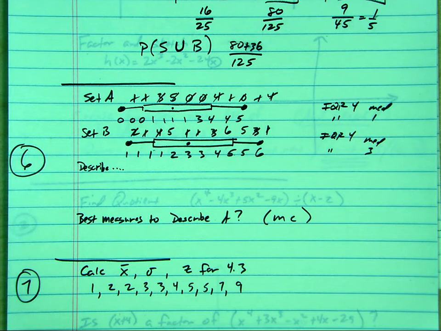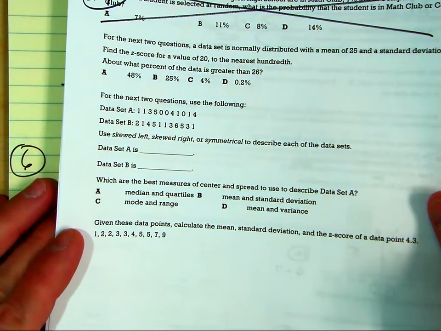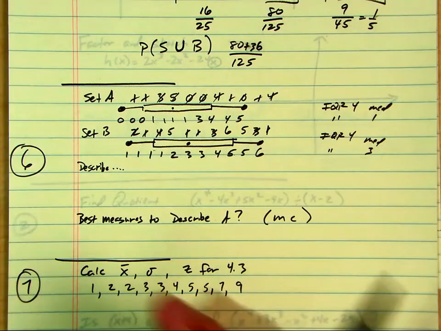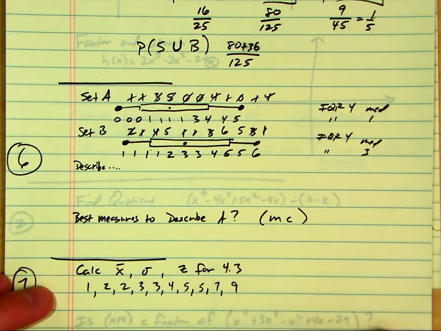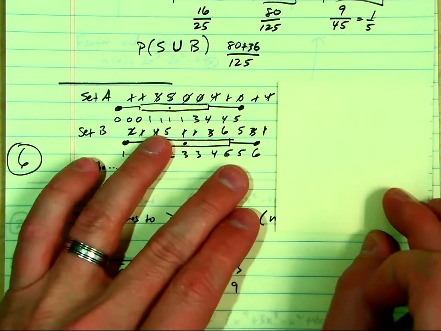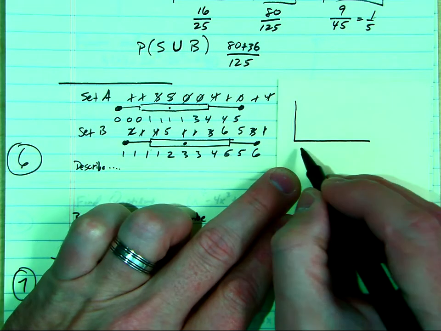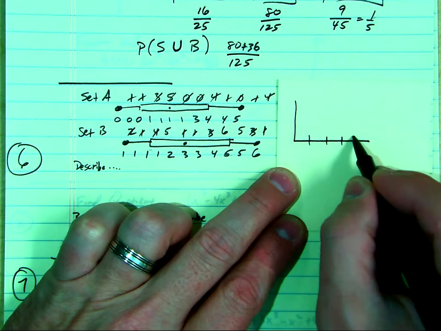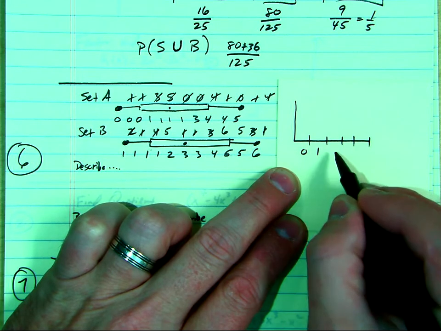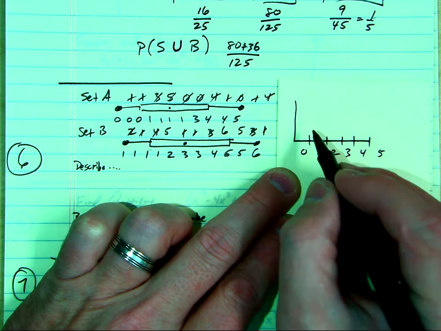Would a histogram help? I don't know if a histogram would help us decide if it's skewed left or skewed right. Why don't we real quick make a histogram? What the heck? Let's do it. Let's make a histogram for 0, 1, 2, 3, 4, 5.